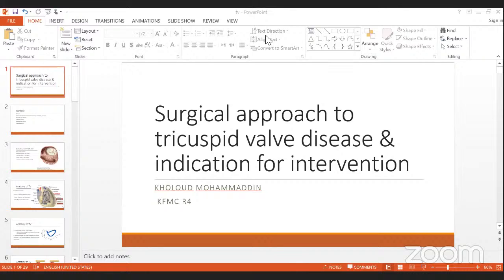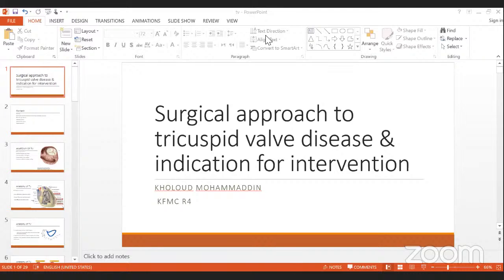Even in the repair technique, you can sometimes use a patch to address the regurgitation of the tricuspid valve. Where do you put the patch? It depends. A patch is usually used in cases of infective endocarditis, so you apply the patch on the hole you have in the leaflet because of the destruction from infective endocarditis.